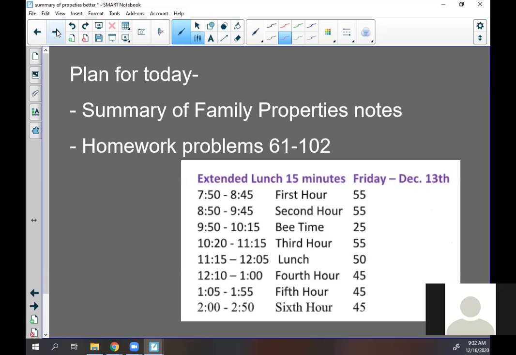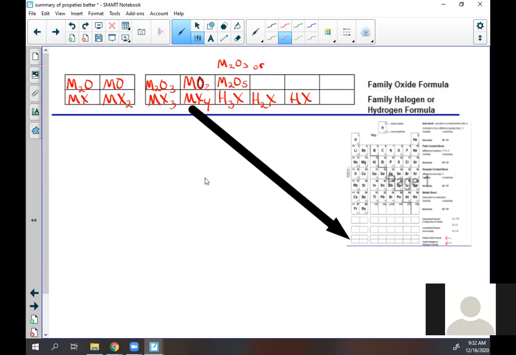Okay, take out your periodic tables. This spot right here, I've blown it up. Copy it onto your periodic table in these 2 very bottom boxes.